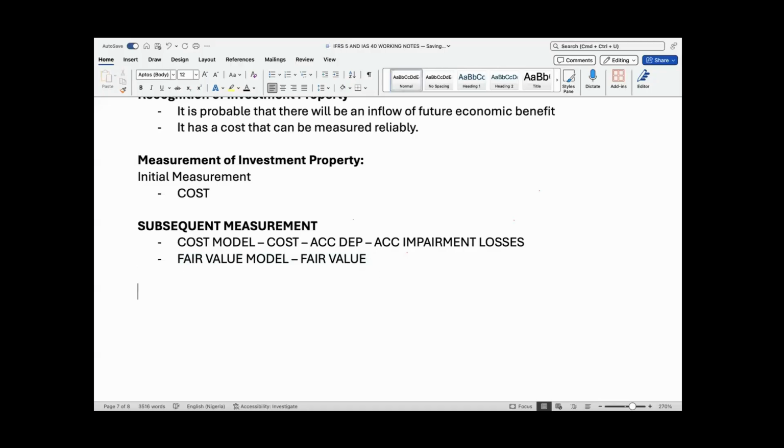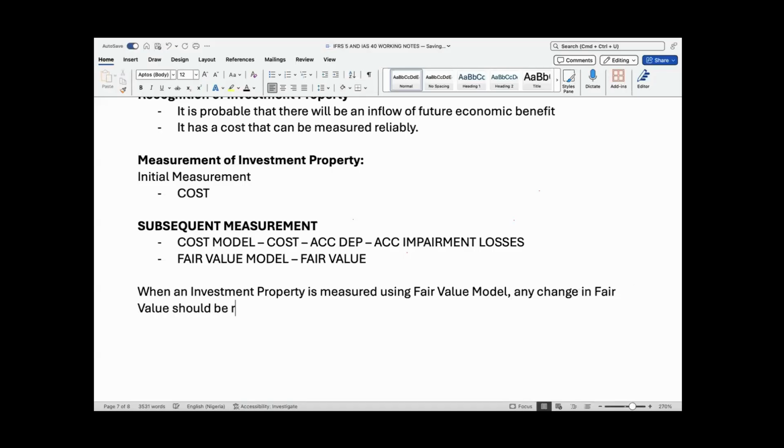Okay? And additionally, when an investment property is measured using fair value model, any change in fair value should be recognized to profit or loss.